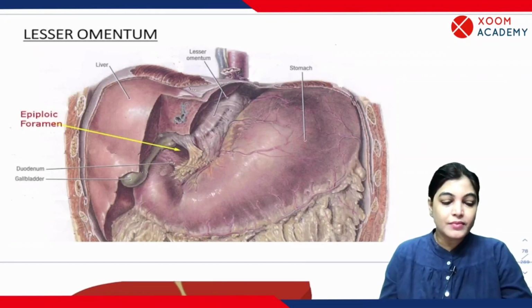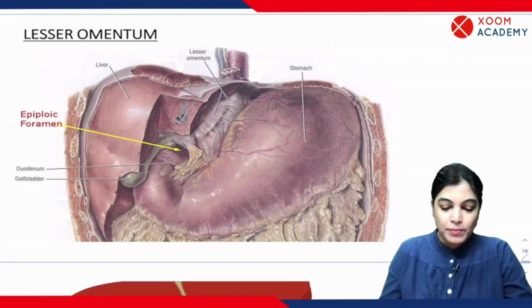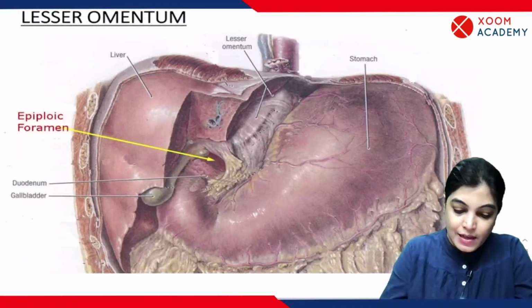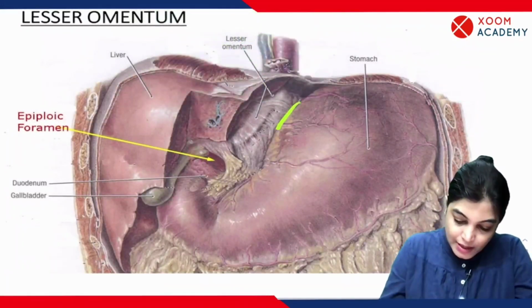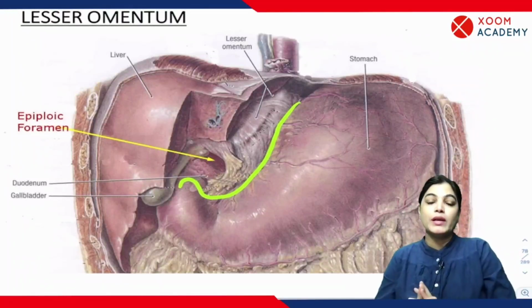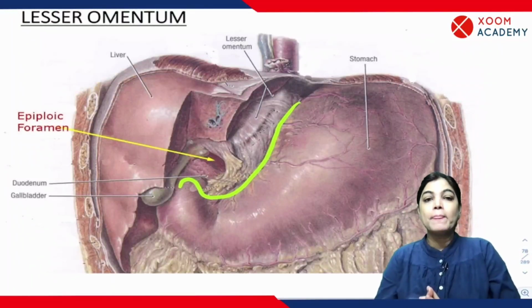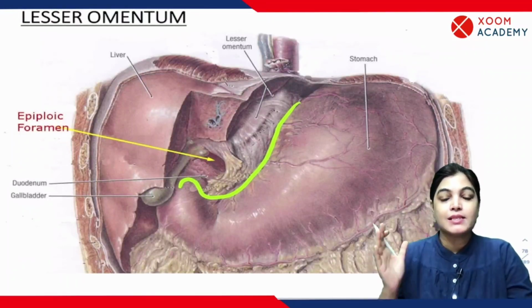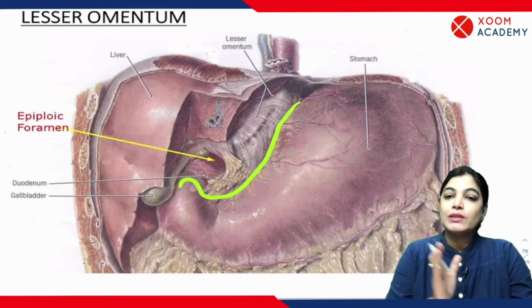Now, if I talk about the lesser omentum, let me slightly enlarge this image where you can appreciate the lesser curvature of the stomach. From the lesser curvature of the stomach and also the proximal part of the duodenum, we can see the attachment of the lesser omentum, which connects the stomach with the liver.